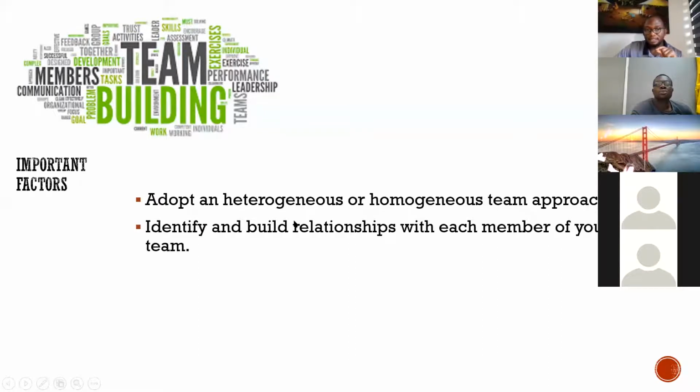Then another important team building approach that you are going to look at, outside these two approaches that we've just discussed, is your ability to build relationships with each and every member of your team.